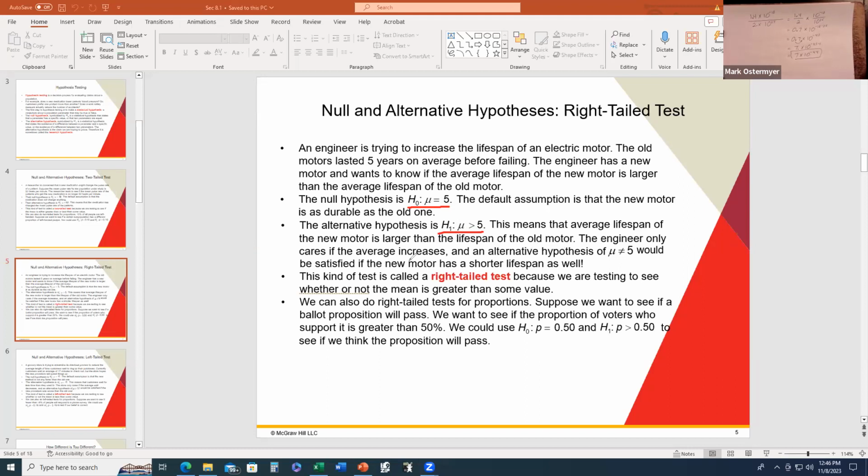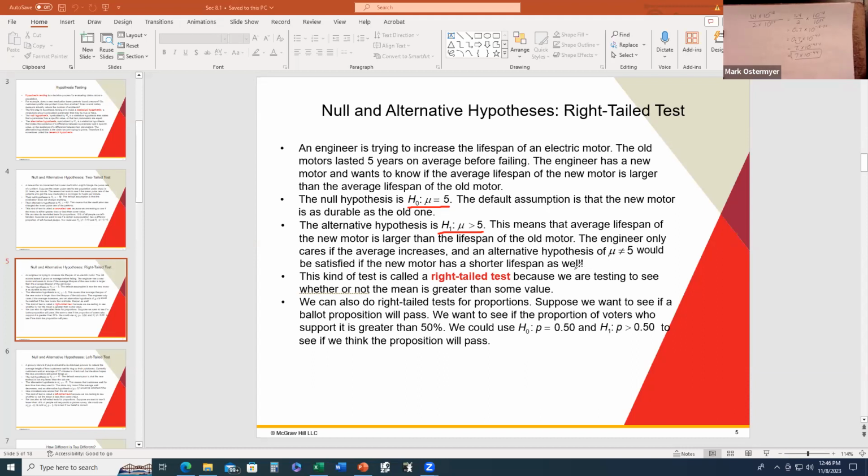The engineer only cares if the average increases, and an alternative hypothesis of mu not equal to 5 would be satisfied if the new motor had a shorter lifespan as well. So it really depends on what they want to test.